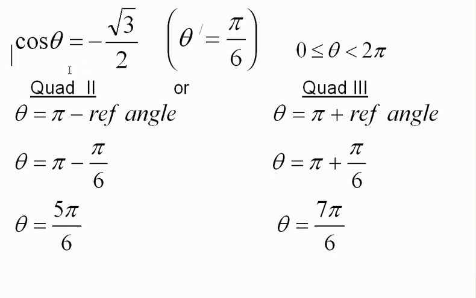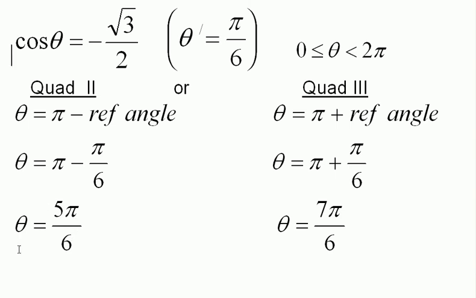We have identified that theta must lie in either quadrant 2 or quadrant 3. The way that we get into quadrant 2 is we say pi minus the reference angle. Working out the angle in quadrant 2, pi minus pi over 6 is 5 pi over 6.